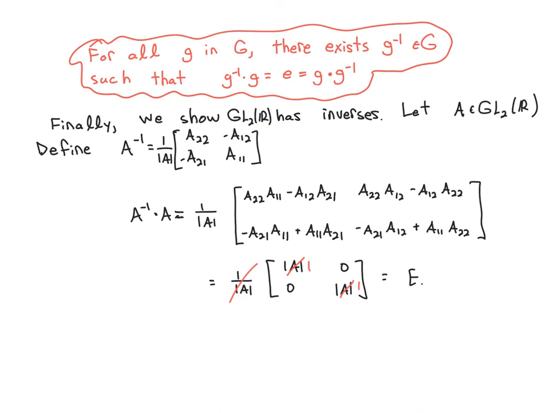But what I like to say we're doing is that we're verifying that this actually is the correct formula, and we see that it is. And so we actually do have inverses, and this is the correct formula for the inverse.